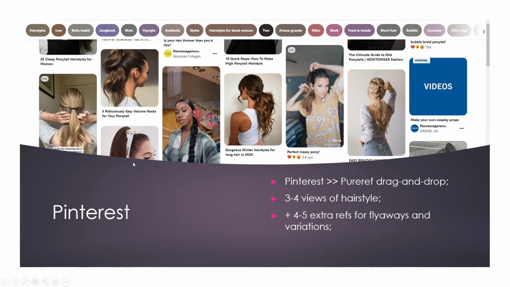The problem with Pinterest sometimes, like usually with all these images, is that they have medium or low quality, and you don't really see the flyaways because the picture is too small. So you will need to find the images with high resolution, where you can look for flyaways and their flow, their directions.